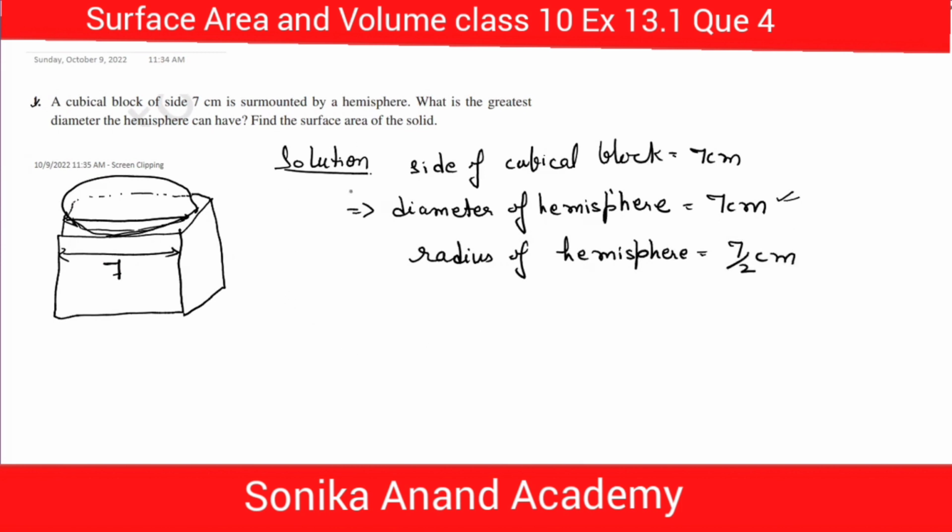Now find the surface area of the solid. That means the total surface area of this solid is the curved surface area of the cube plus the curved surface area of the hemisphere. But there's one problem. This bowl gets inserted.